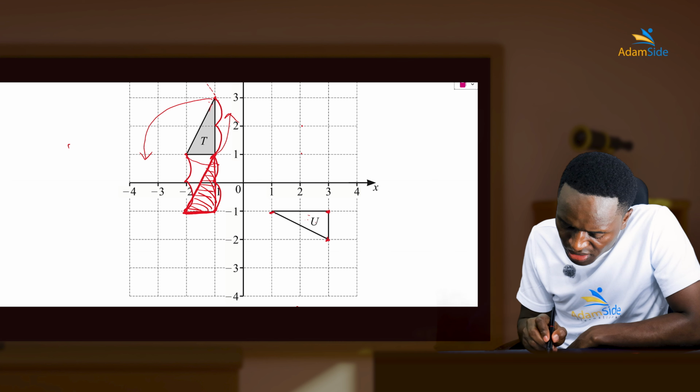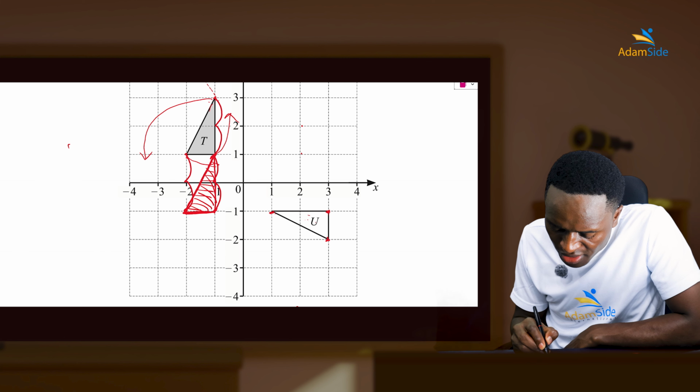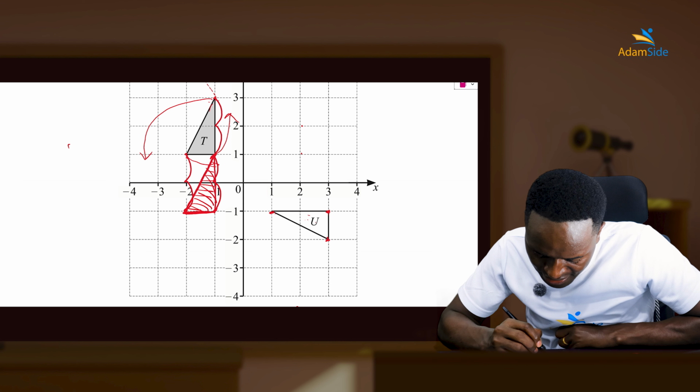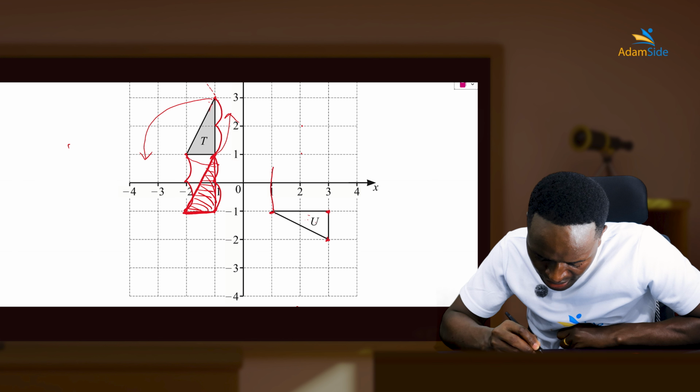If you look at shape T, we have to think where it has to go back to its original position. If it moved 90 degrees anti-clockwise, you will see from here to exactly there.